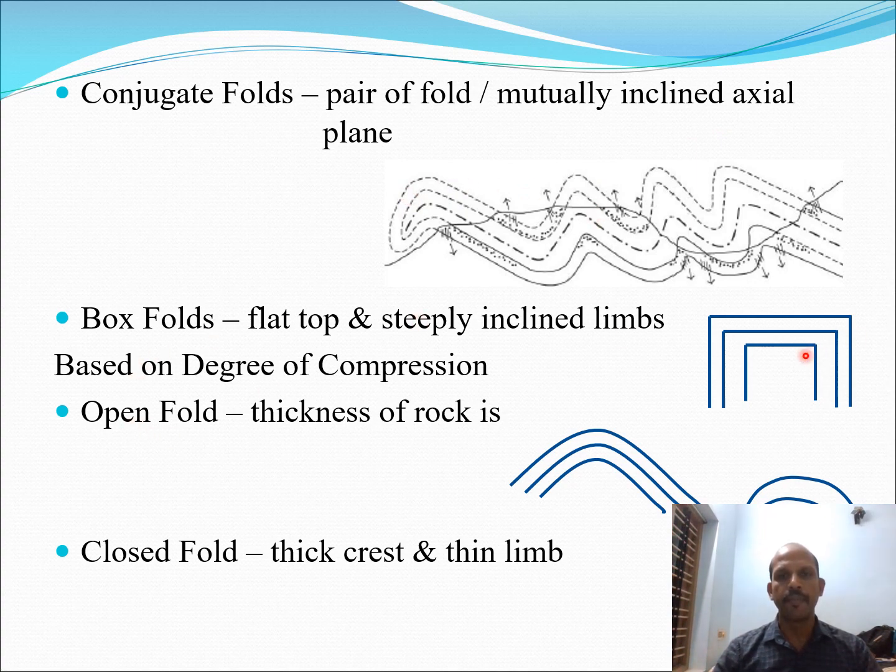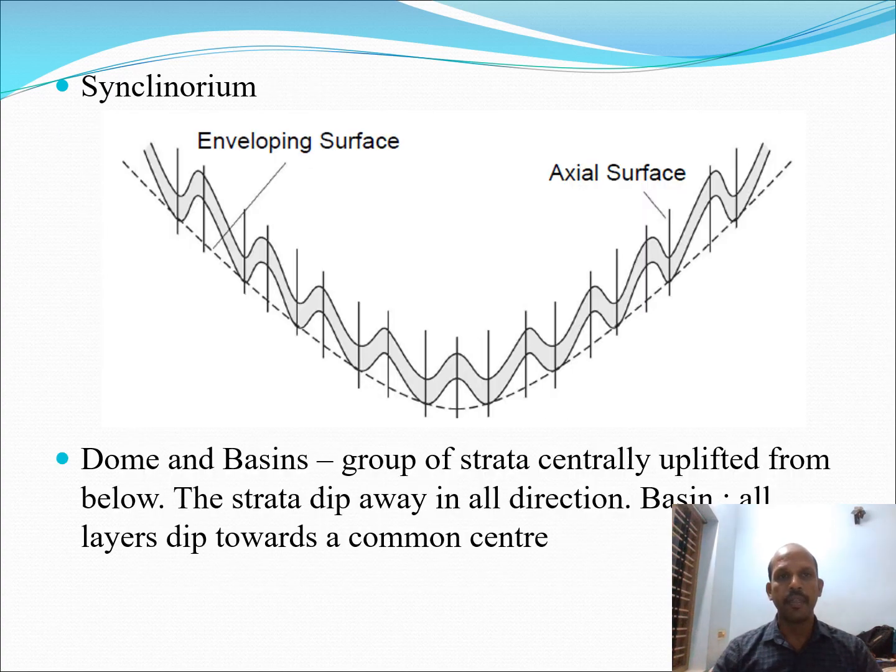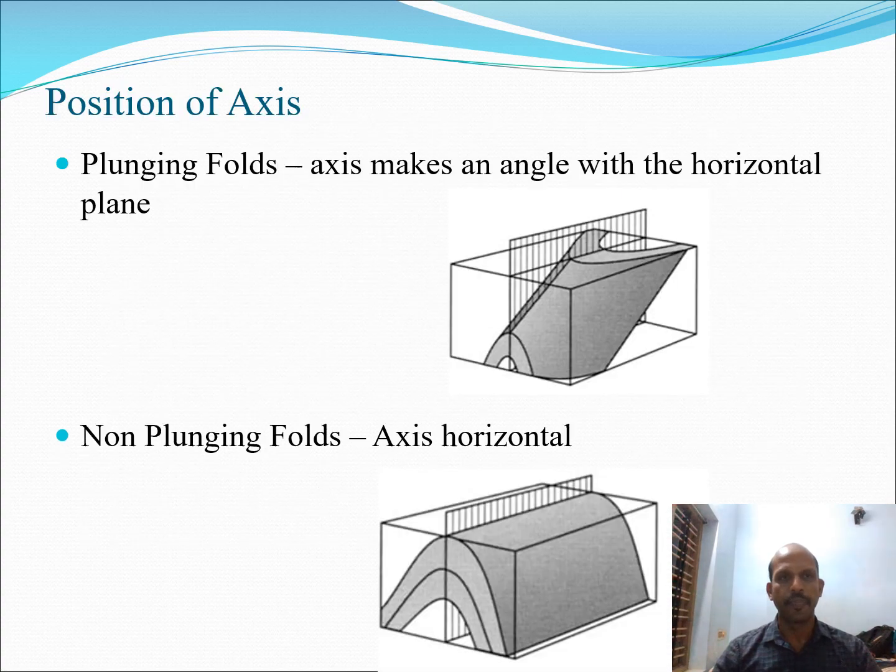Then box folds: if it contains a flat top, you call it a box fold. Box folds are again divided into two types: open box fold and closed box fold. When this area is closed, you call it a closed box fold, and this one is known as your open box fold. So mode of occurrence, you have an anticlinorium, then synclinorium, dome, and basins.